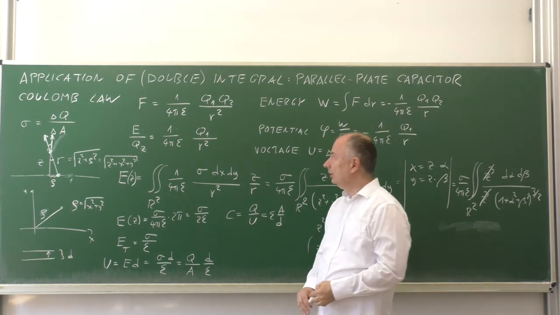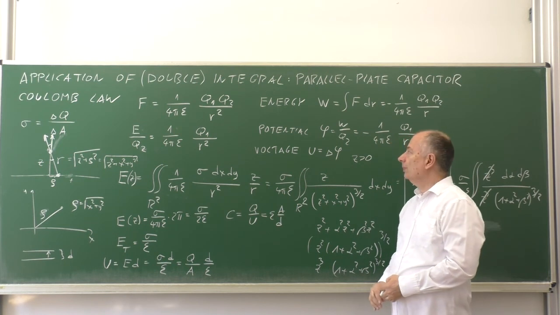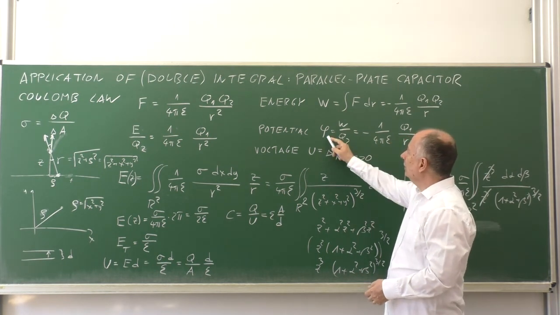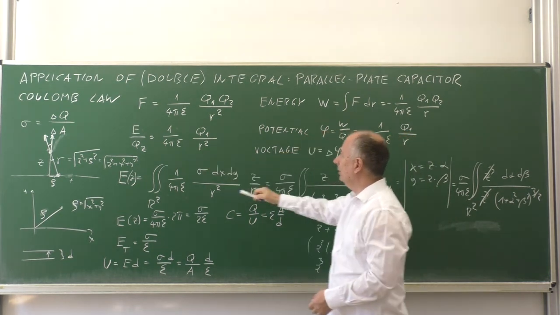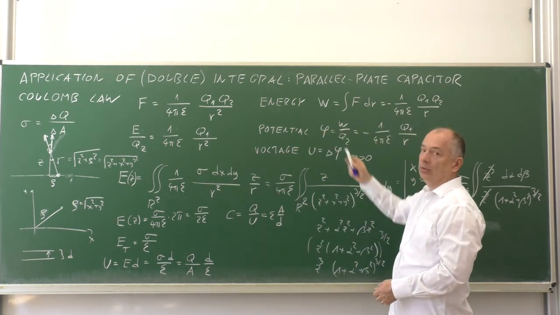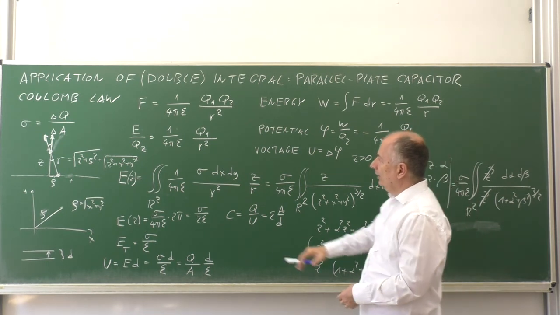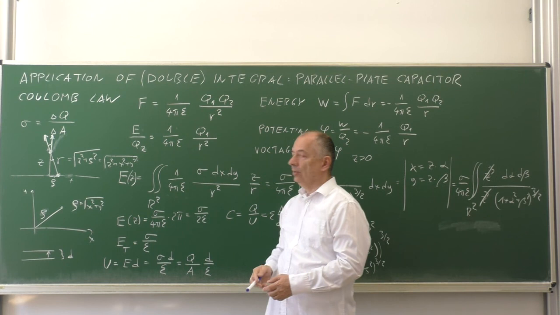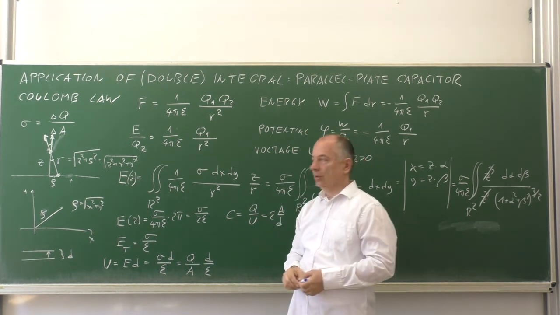Potential, right. Fine. Another approach is not to integrate to compute the intensity, but we can integrate to compute the potential. This has sometimes the advantage that intensity is a vector, and we must consider the direction of different contributions.